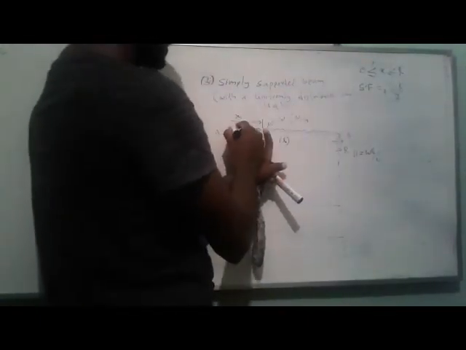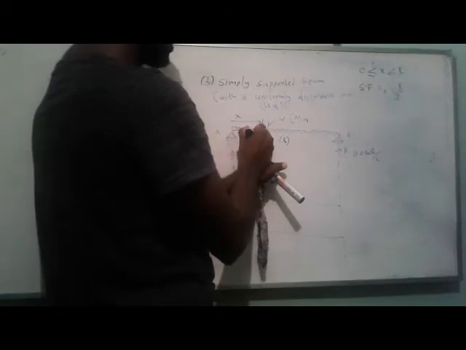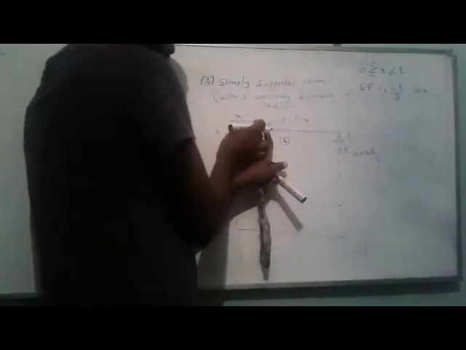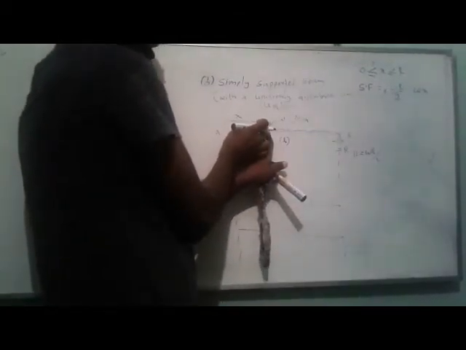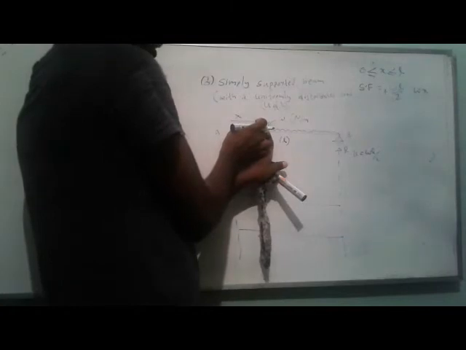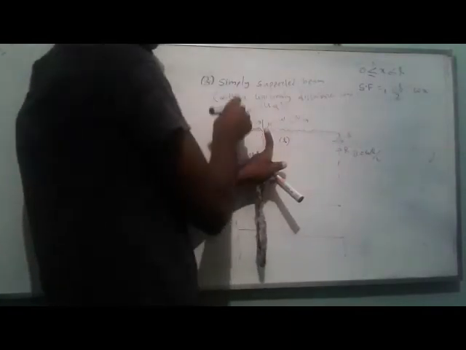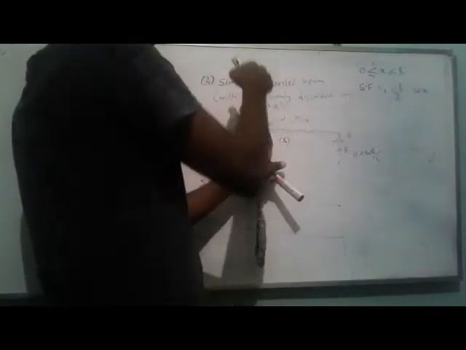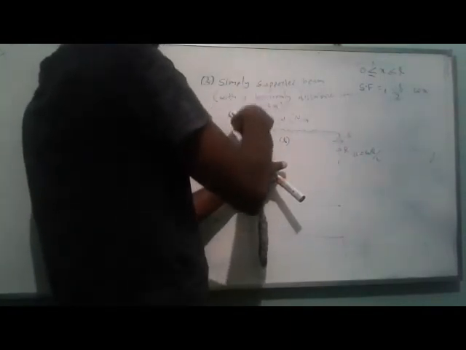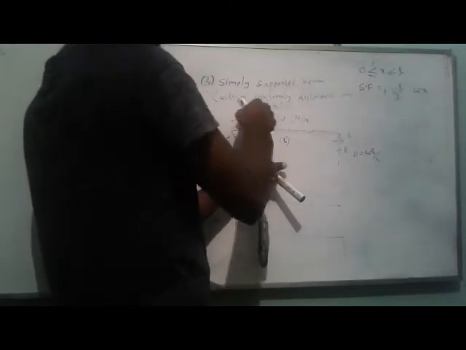There is another load here. Due to this UDL over the length x, you get the force W into x, because this uniformly distributed load is over this length x. Therefore to find the total force, you multiply the intensity by x.